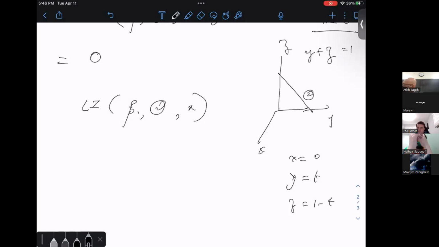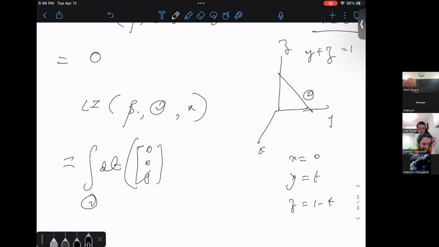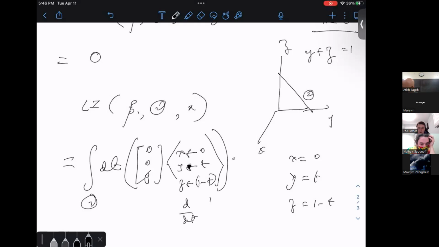Yeah, so this is equal to the integral dt of 0, 0, y with the substitution x replaced with 0, y replaced with t, and z replaced with 1 minus t, dot d/dt of 0, t, 1 minus t. Okay, thank you.